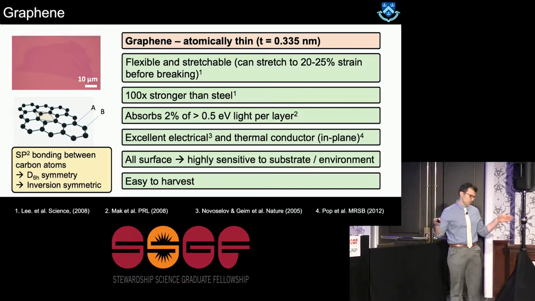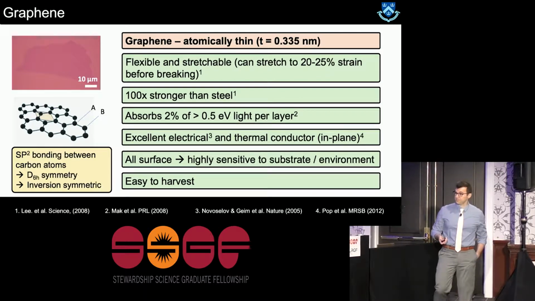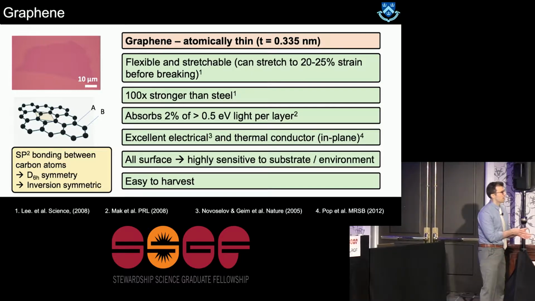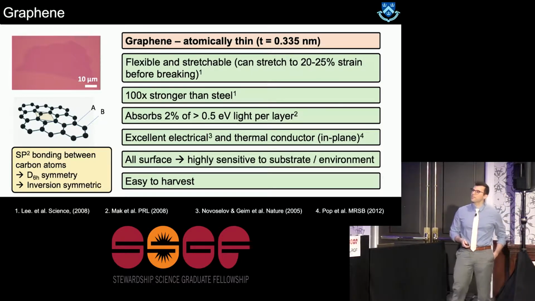But it has a very flat response in its absorption, so any energy above 0.5 eV is absorbed at about 2% per layer. It's an excellent electrical and thermal conductor. It's all surface, so if you functionalize it, you can make it very sensitive to the environment. And it's relatively easy to harvest, most famously by taking Scotch tape and peeling off layers, basically mechanically exfoliating it into the monolayer limit.